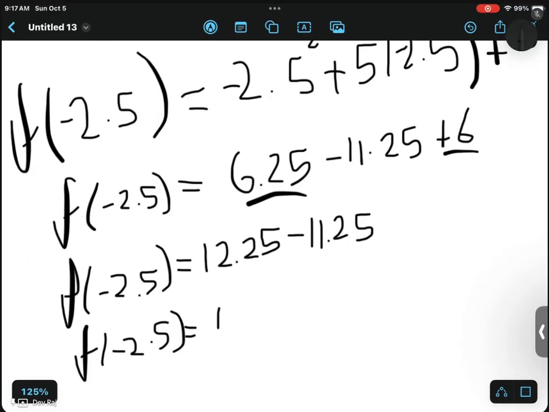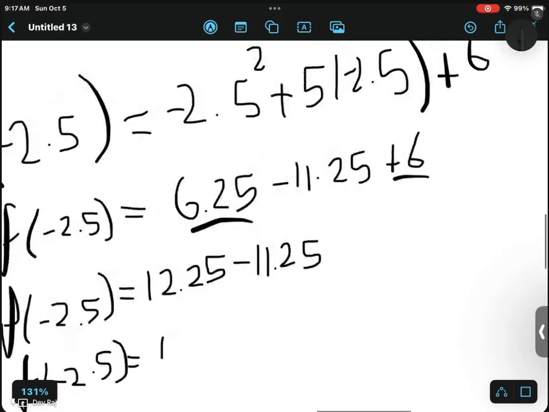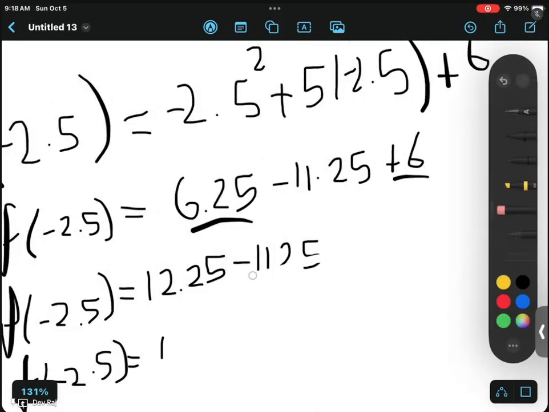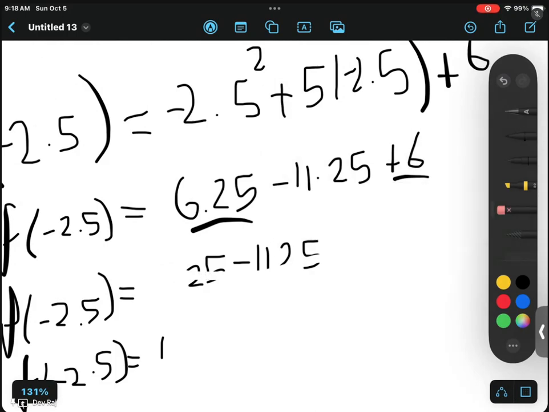Oh, yeah. Okay, yeah, I see it. Okay, where's the eraser? Let's do this. Yeah, okay. So this should be 12.5.